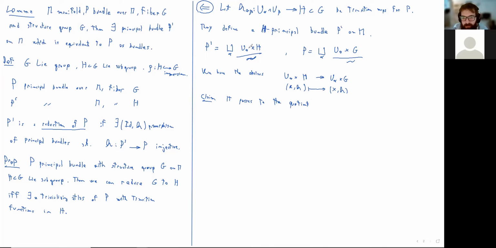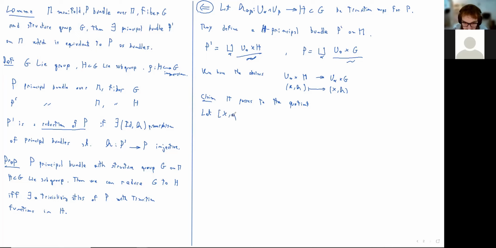If you define your map from this union such that if x is in U alpha, you send (x, h) to just (x, h), then if you have two pairs which are equivalent, they go to the same thing. So let's see if this is true.